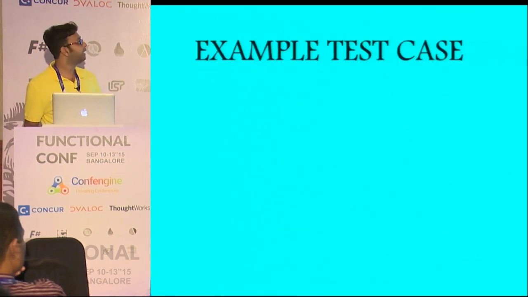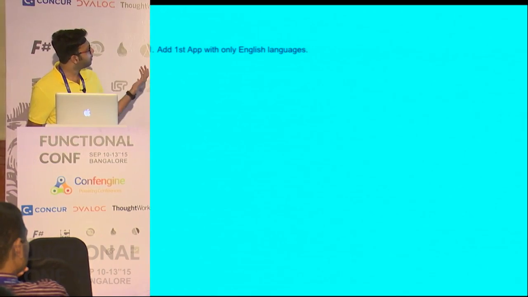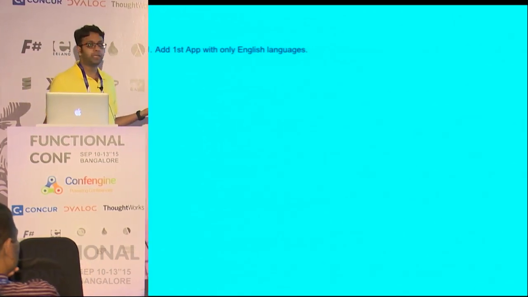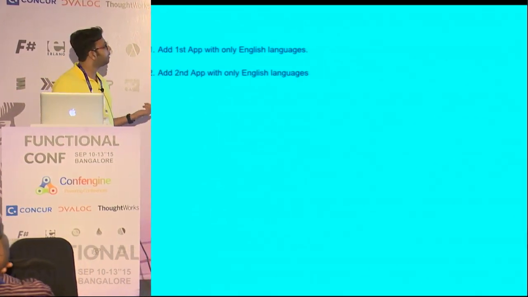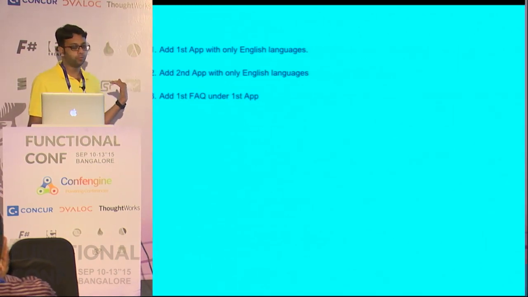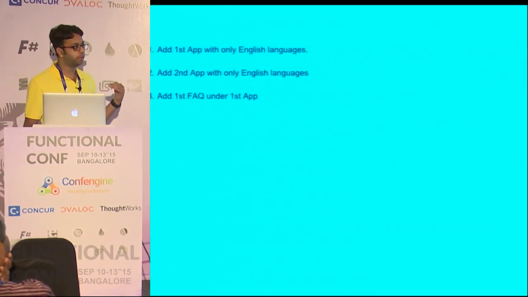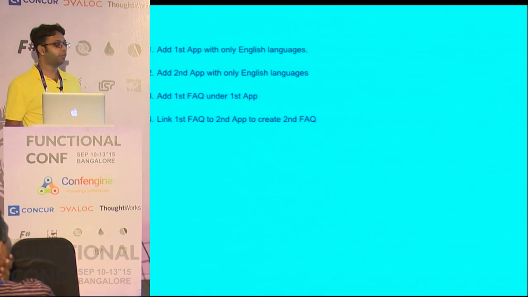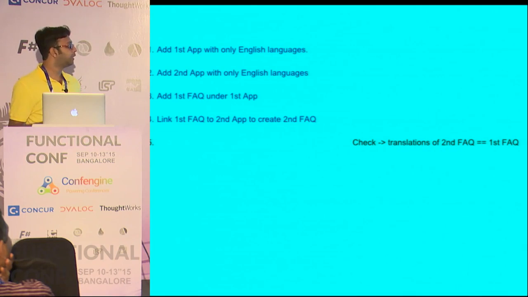So here's an example test case. I would like to add one app with only the English language, then add another app, then add the first FAQ under the first app, then link the first FAQ to the second app to create the second FAQ. Then I would like to test whether the translations of both these FAQs match.